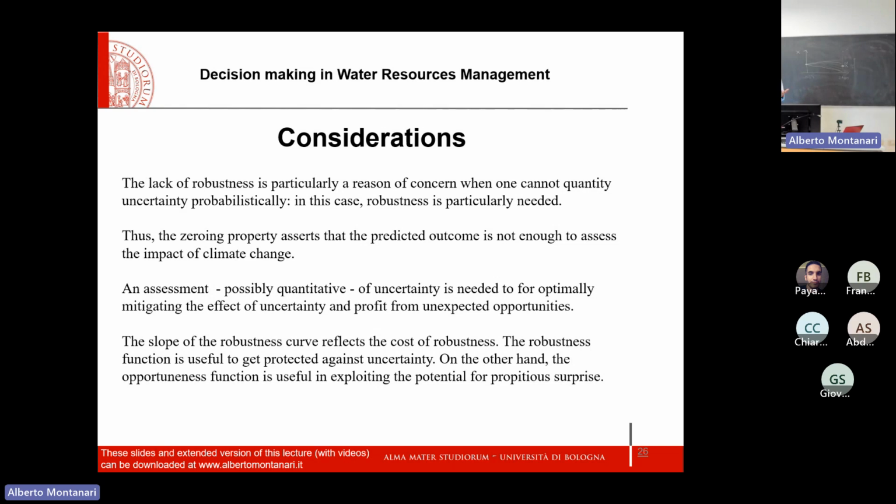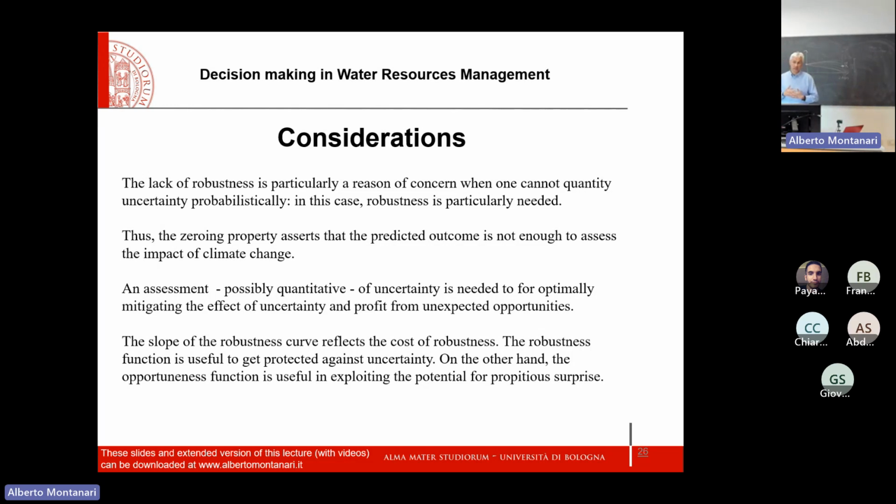What I told you, that estimation of uncertainty for hydrological models is more reliable than for climate models, is not easy to find. You need to read a lot of literature, but in any case, you can also rely on consultation with experts. When you talk about uncertainty, it's not easy.